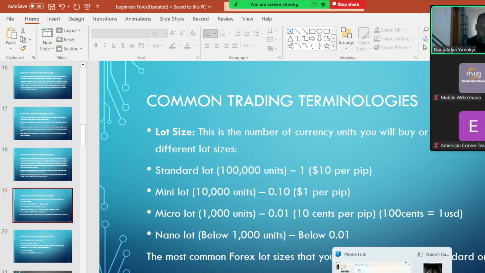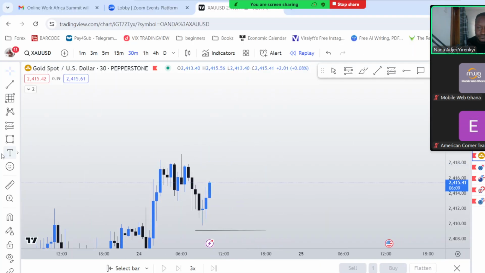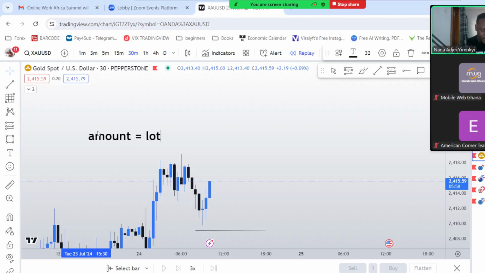So we are going to make that calculation quickly. We know that the amount will be equal to the lot size multiplied by 10, the 10 is always a constant, multiplied by the number of pips.